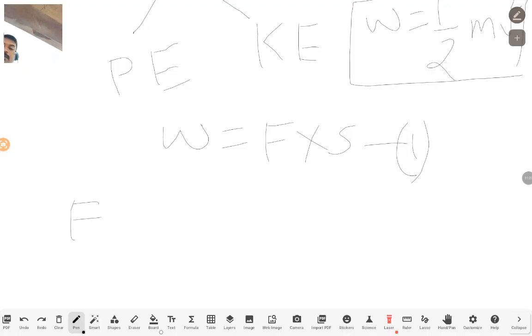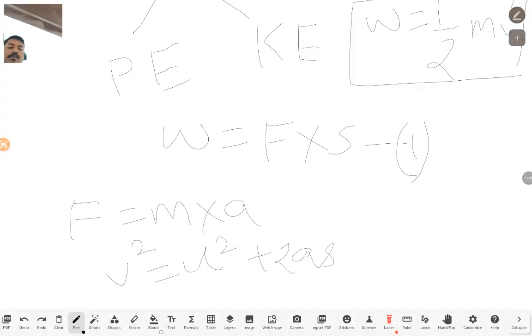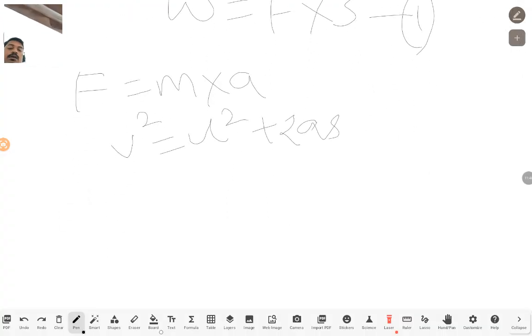We know that F equal to M into A. I think you studied a formula in motion, that is V square equal to U square plus 2 AS. Can you recall? From this formula, can we find the value of S? We can write S equal to V square minus U square by 2A.